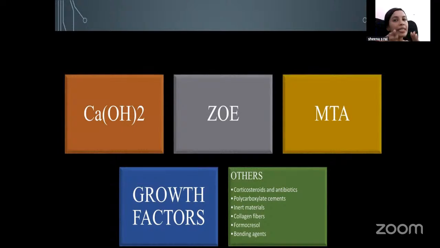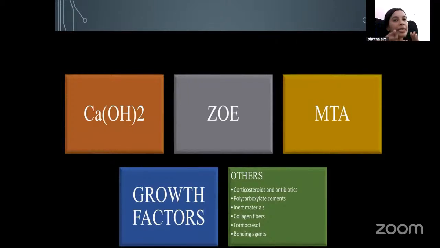Zinc oxide, you might get confused, but zinc oxide is also used as a pulp capping agent. Very important. MTA, mineral trioxide aggregate, is also used as a pulp capping agent.